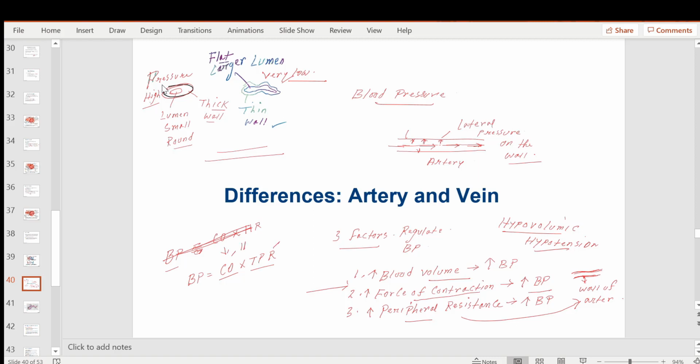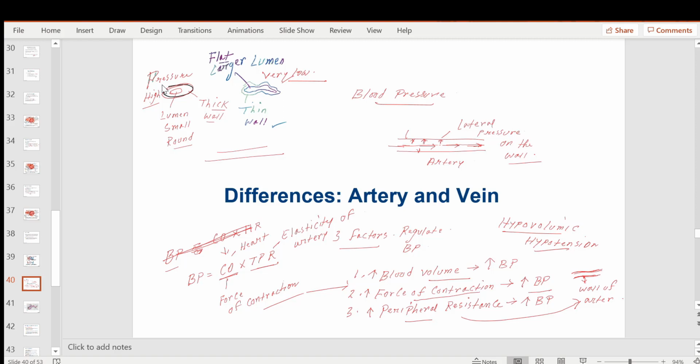So this one is related to the force of contraction of the heart, and this one is related to the elasticity of the arterial wall. So cardiac output and peripheral resistance. Now cardiac output depends on the force of contraction of the heart.